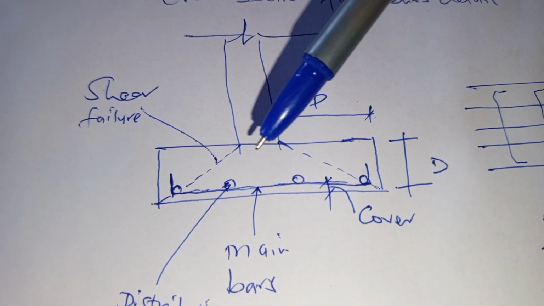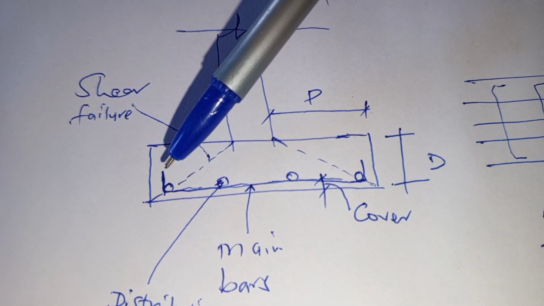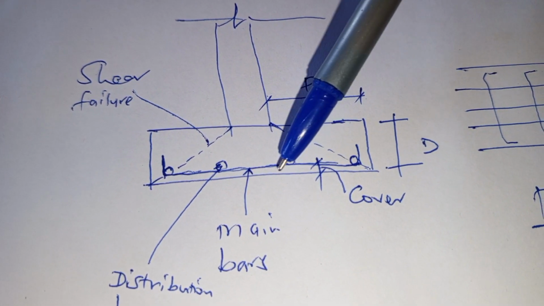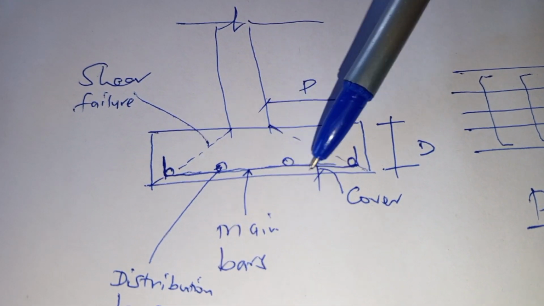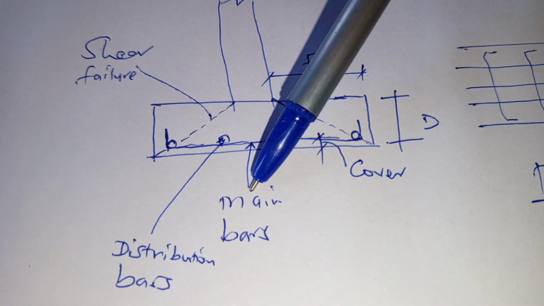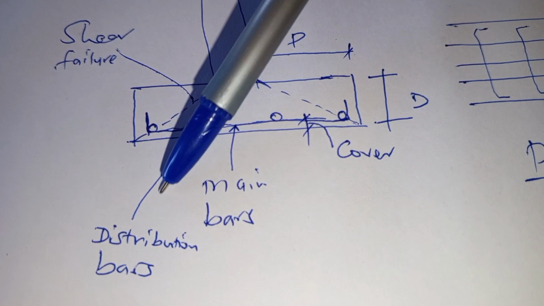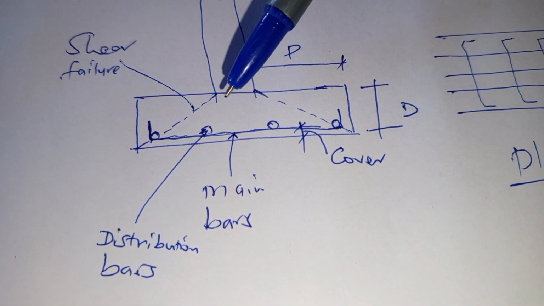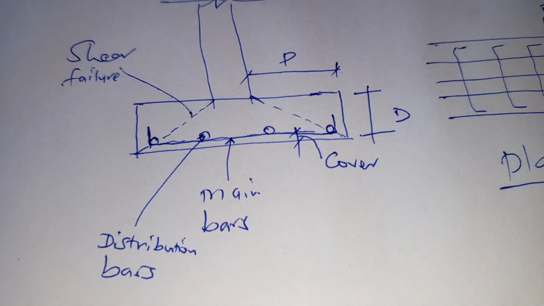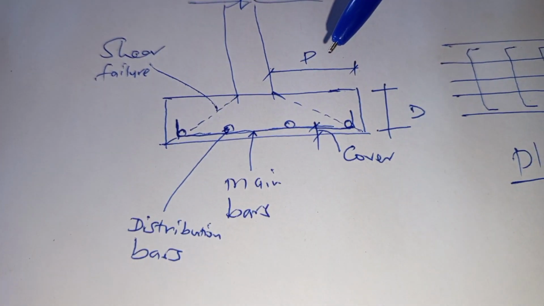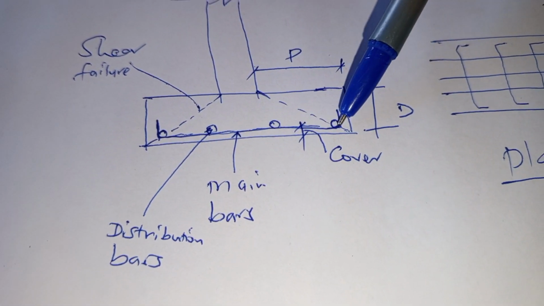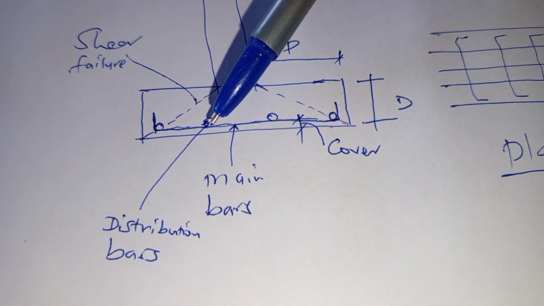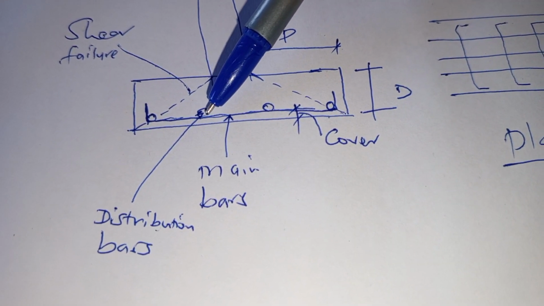Our bars in the cross section will look like this, whereby our bottom one bars running along the shorter span are our main bars, and our distribution bars are the bars that run on the longer span, that is the perimeter of the strip footing.